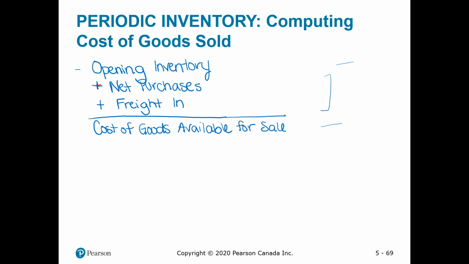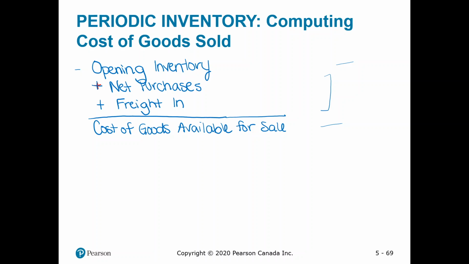So from there, this is everything we could have sold during the year. The next thing that we know is what our ending inventory is, because we do a count of that at the end of the year. So your cost of goods available for sale can really be broken into two parts. It's either you sold it, so it's in cost of goods sold, or you didn't sell it, so it's sitting in your ending inventory.